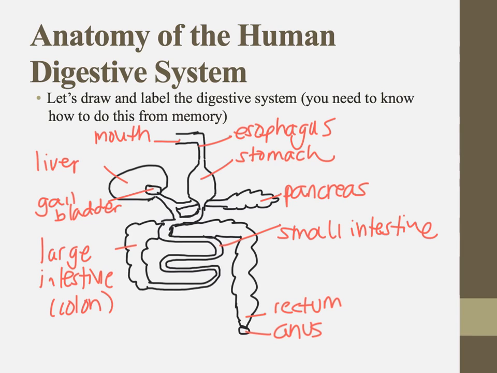Okay, so just to show you one last time where we're at here, food flows from the mouth, down the esophagus, into the stomach, into the small intestine. Some juices get squirted on it there, but it keeps on going through the small intestine, through the large intestine, and out the anus, all one long continuous tube.